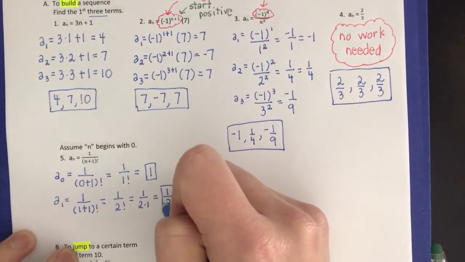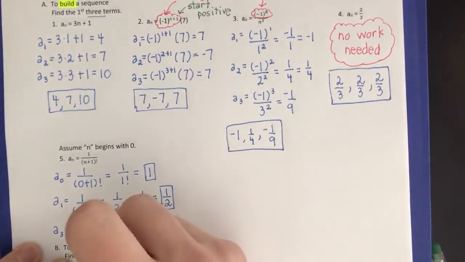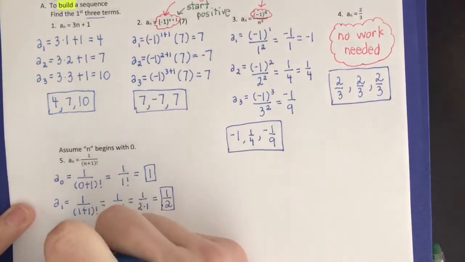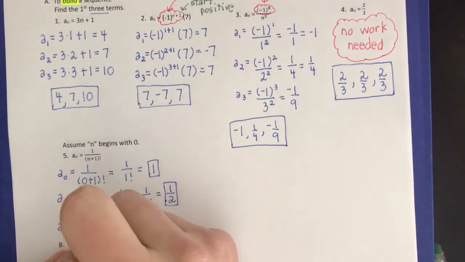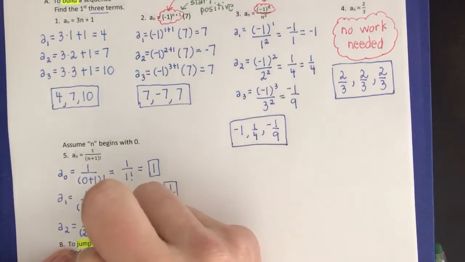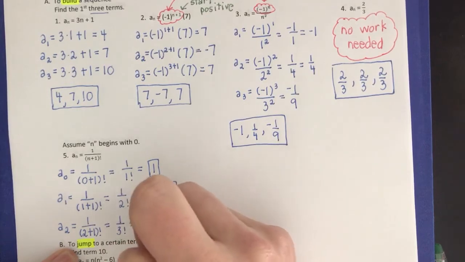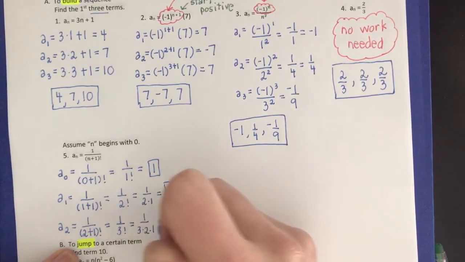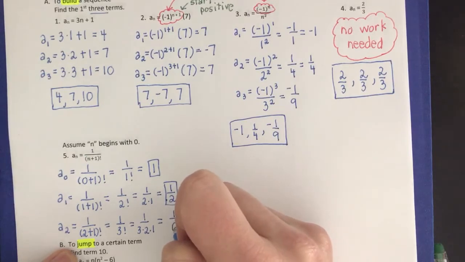All right, so then a sub 2 is going to be 1 over 2 plus 1 factorial. So this will be 1 over 3 factorial. So 1 over 3 times 2 times 1, which is going to be 1 over 6.